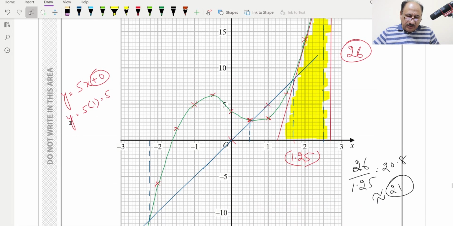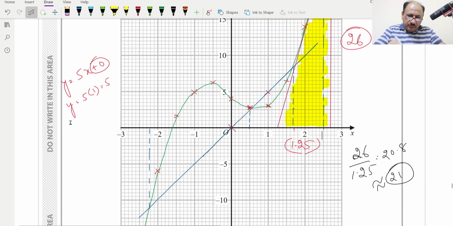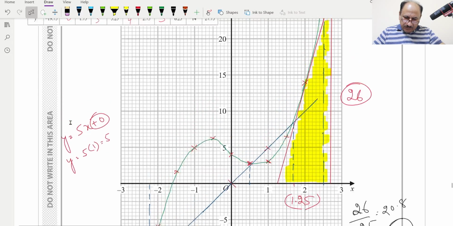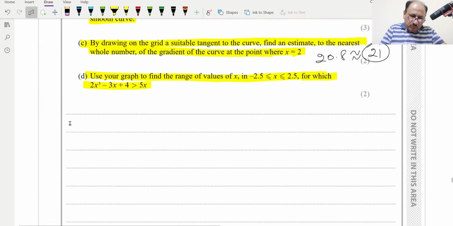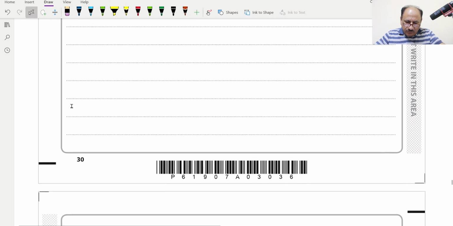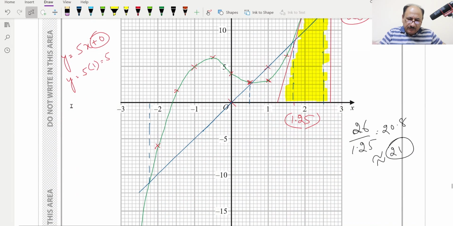So if we check, what is this value? Now after drawing this, if you go through the question, it says use your graph to find the range of values. So basically we have to give what those values are. The first value which we have marked as a reference is this one, and this value is minus 2.1.